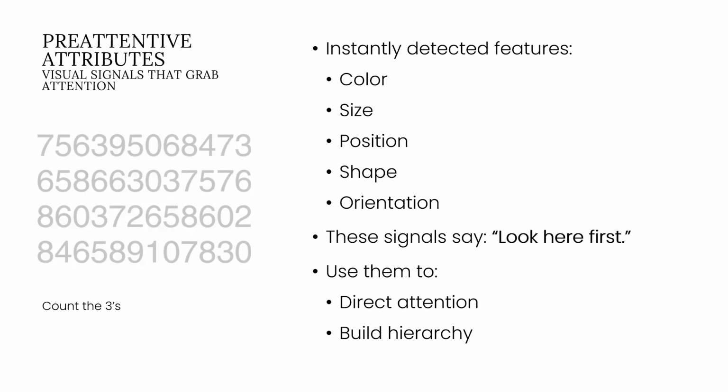Strategic use of pre-attentive attributes enables two essential design functions. Number one, directing attention to specific elements, and two, creating visual hierarchies. So in this picture, let's count the number of threes.